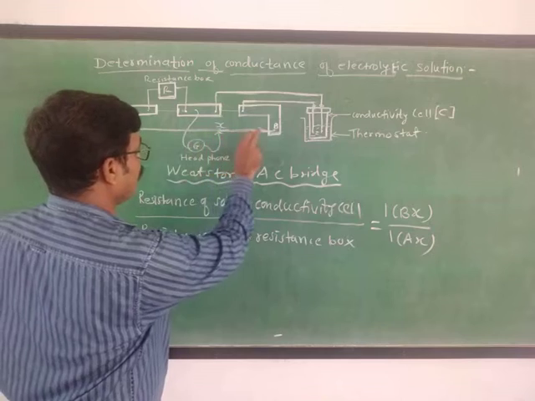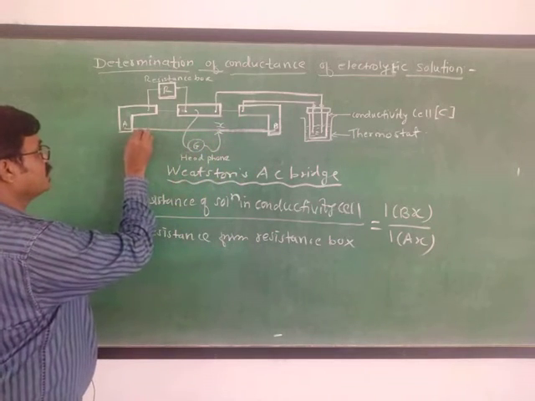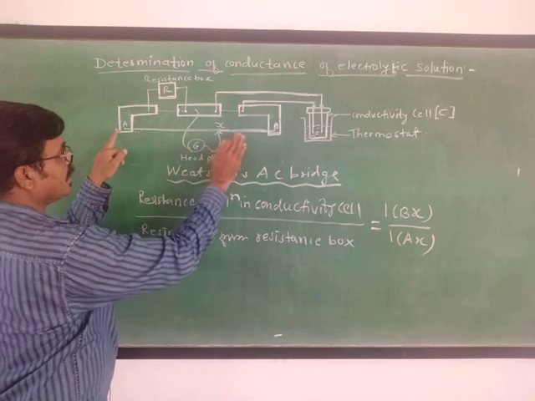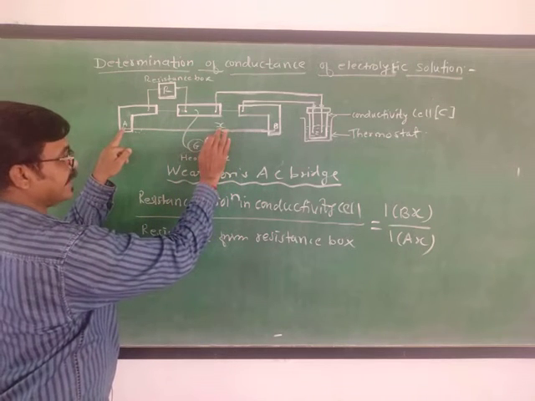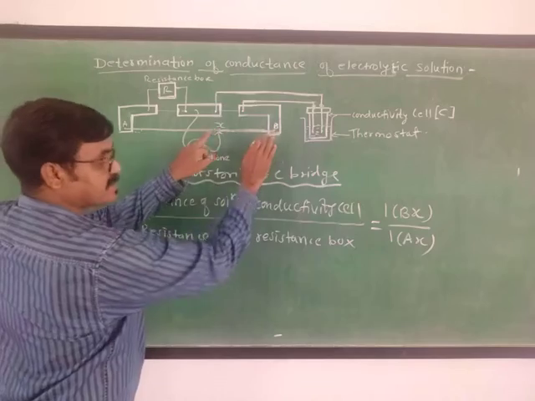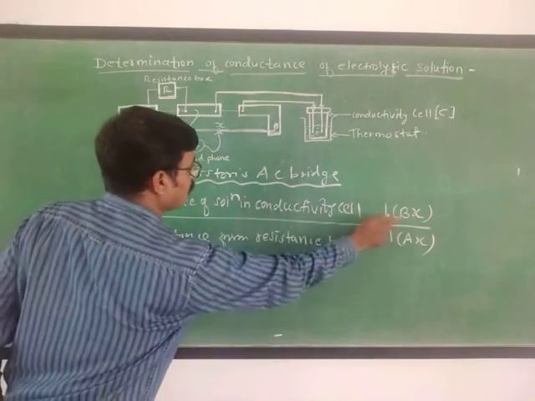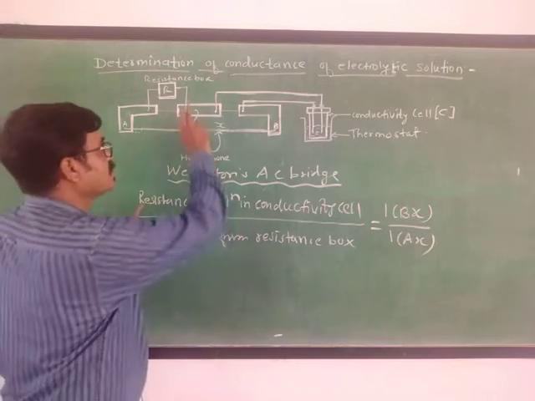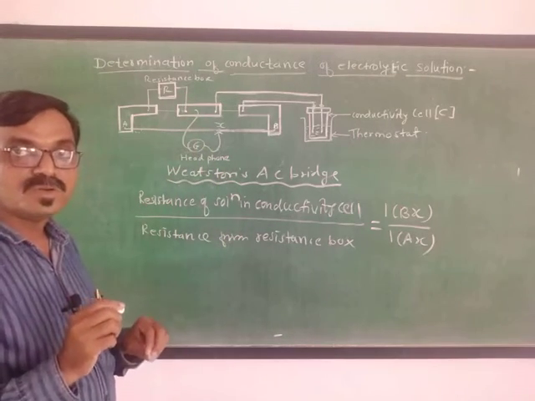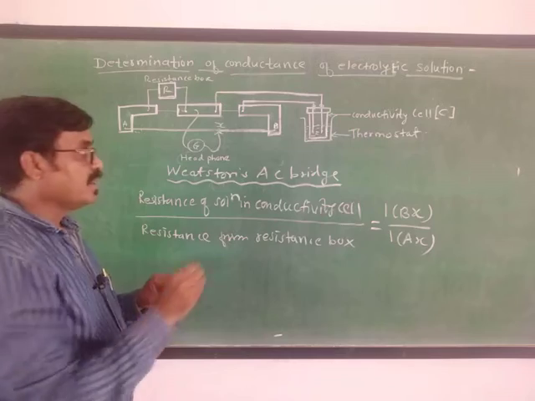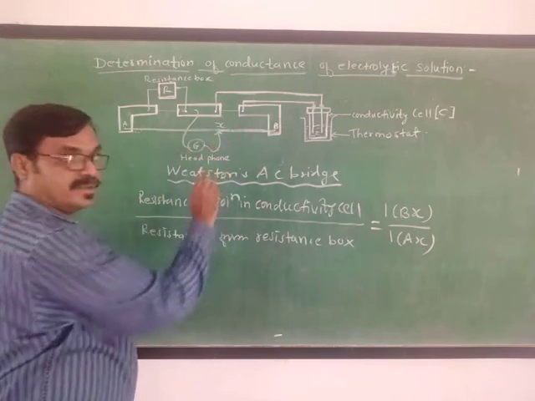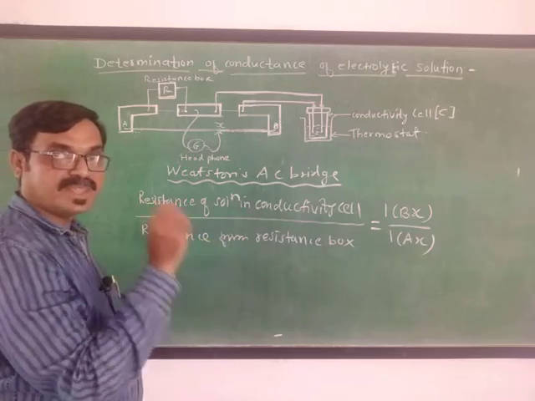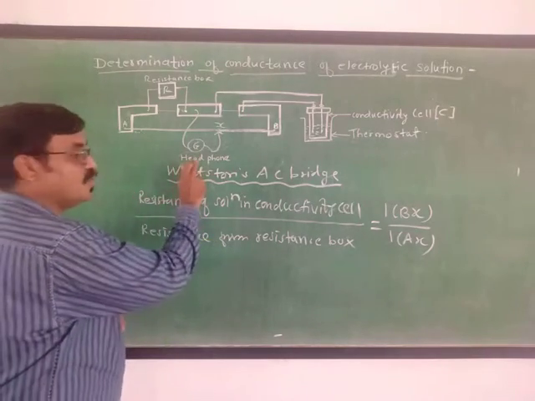Below this uniform wire there is a uniform scale. From this uniform scale you are able to find out the length AX or length BX, so these two values are known to you. Later on, resistance from the resistance box is removed in such a way that during sliding of the jockey along uniform wire AB you get the minimum sound in the headphone.